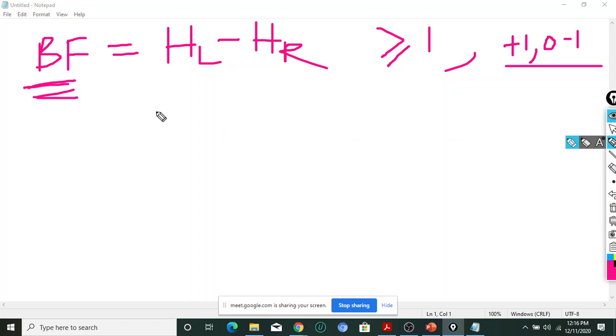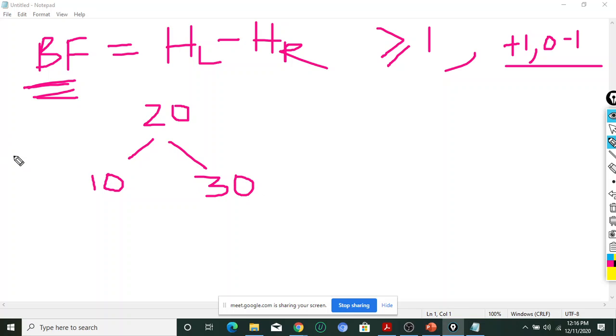For example, this is 20, this is 10, this is 30. What is the balance factor of this particular root node? I apply this formula. No left subtree is present, no right subtree is present. The height of the left subtree is 0, the height of the right subtree is 0.